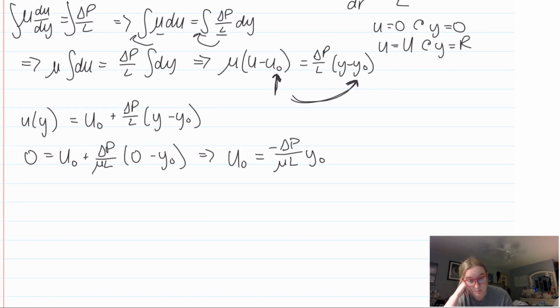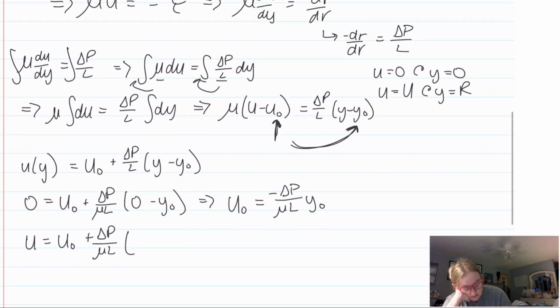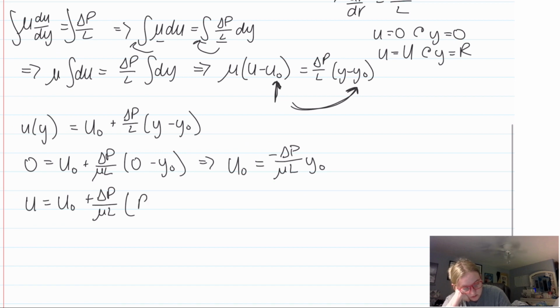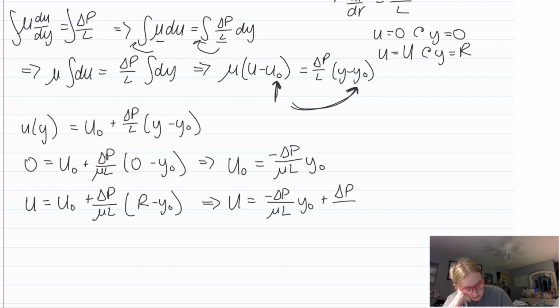And then to keep solving this out even further, we would get u is equivalent to u naught plus delta P over mu L times, because remember, y is equal to r, so you could do r minus y naught. Keep solving, u equals negative delta P over mu L times y naught plus delta P over mu L times r.